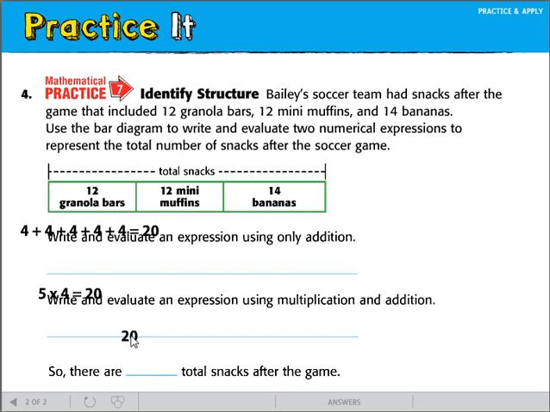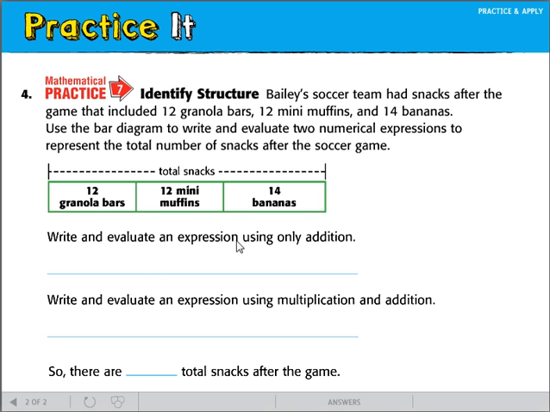Okay? Now, let me get rid of these. All right, so it's only fitting that we start adding more and more, right? So it says Bailey's soccer team had snacks after the game that included 12 granola bars, 12 muffins, and 14 bananas. Use the diagram to write and evaluate 2 numerical expressions to represent the total number of snacks after the soccer game.